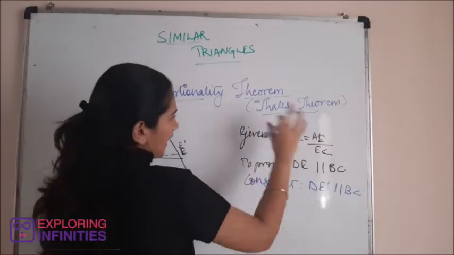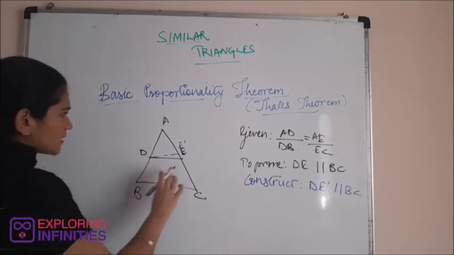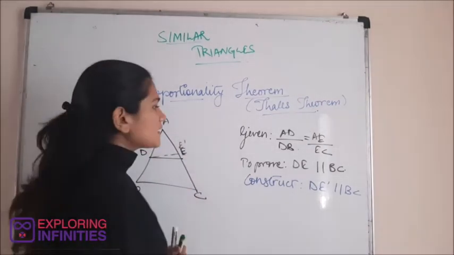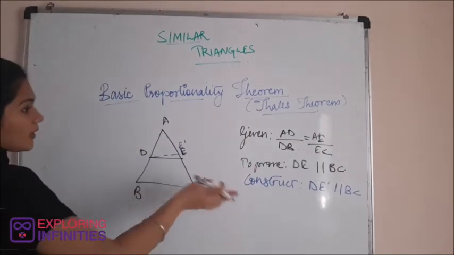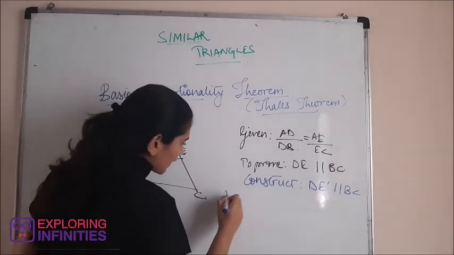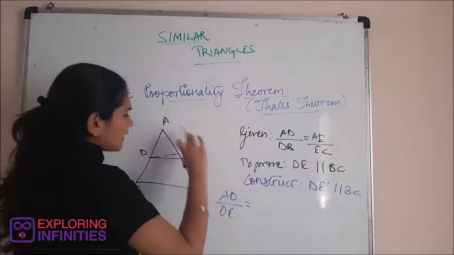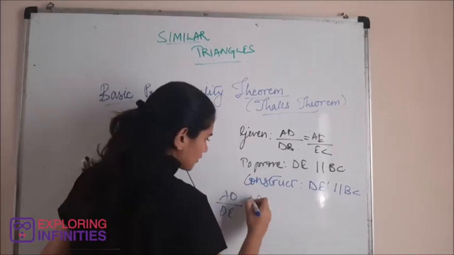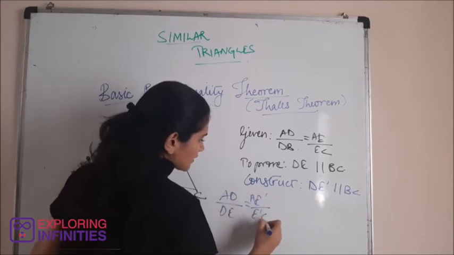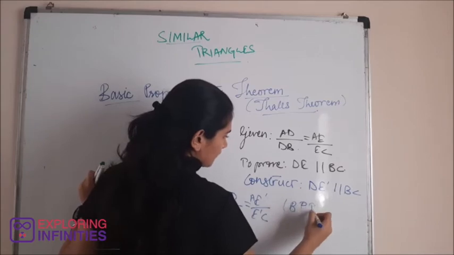We already have given that AD divided by DB is equal to AE divided by EC. The other thing that we can make out from this construction is that AD divided by DB is also equal to AE dash divided by E dash C. How? Because of the basic proportionality theorem.